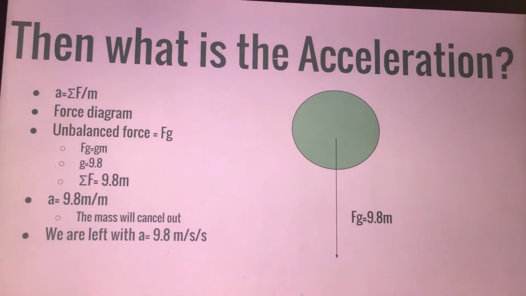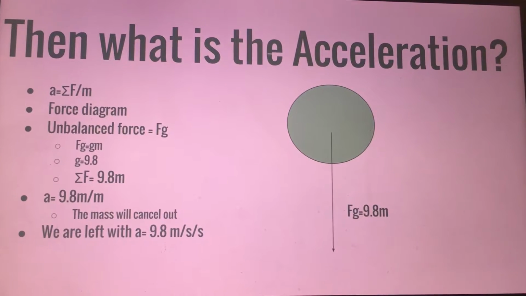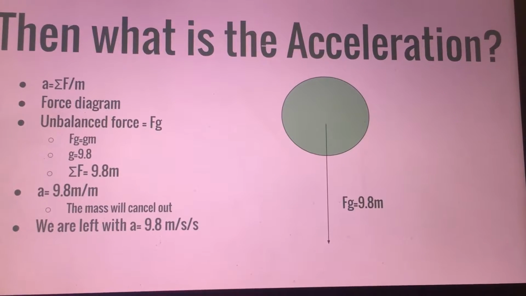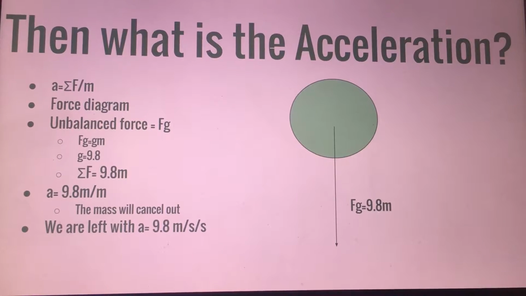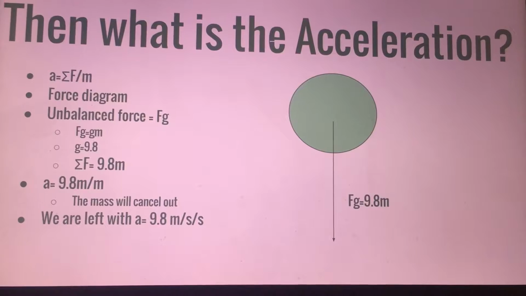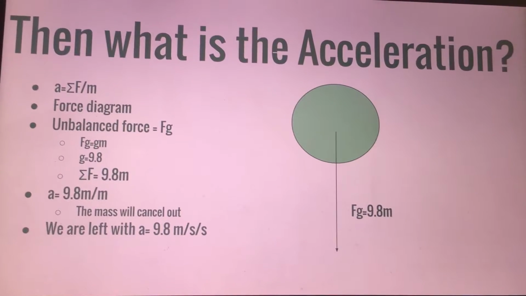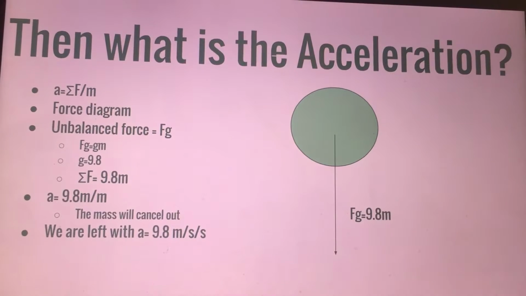So now we can look at the equation for acceleration, which is acceleration equals unbalanced force over mass. Our unbalanced force is the force of gravity itself, 9.8 m, because it's the only force acting on the object. So that goes on the top of our equation, and then we have m on the bottom, which we don't know, so we're going to leave it as m.